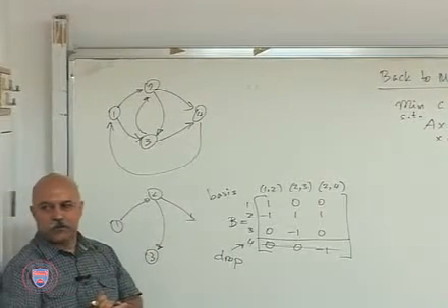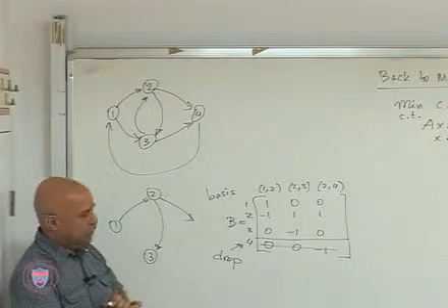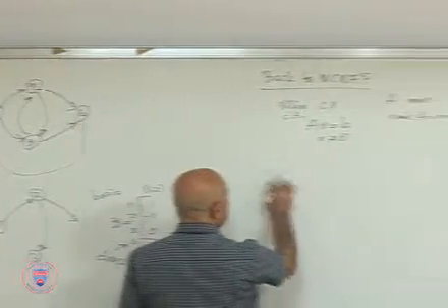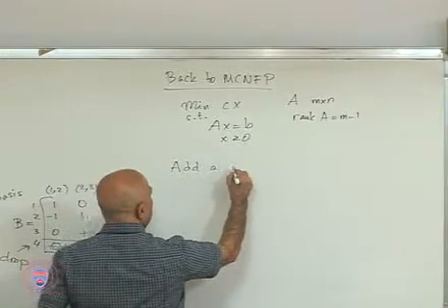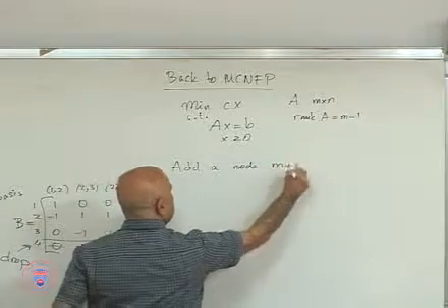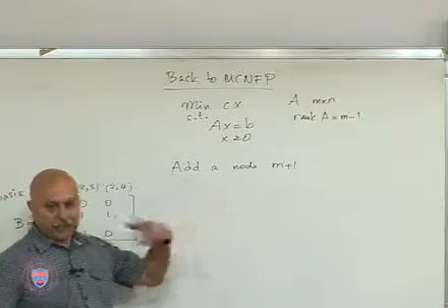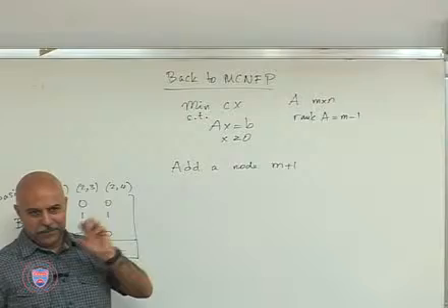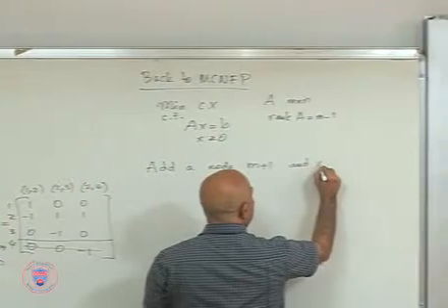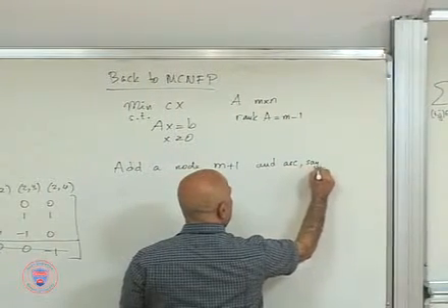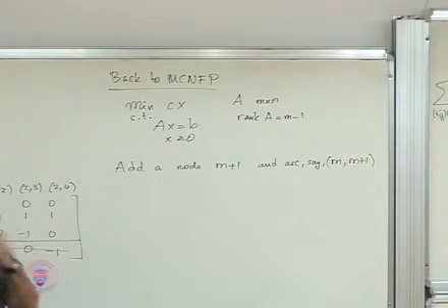So there's a convention, an easy way out: they take the initial graph and add a node labeled, say, m plus 1. I'm adding it, but I'm also going to drop it later, so this is just tentative. Add a node m plus 1 and an arc from m to m plus 1. So we expanded the network by one arc and one node.